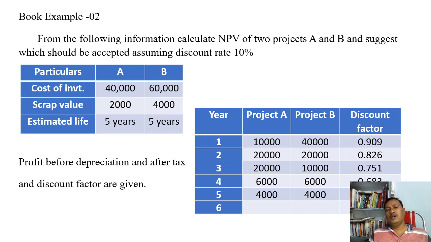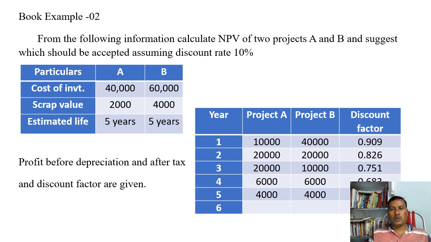For the year 1, 10,000, 40,000, and PV factor almost remains the same. First year is 0.909, second year 0.826. The project A, project B, 20,000, 20,000, 20,000, 10,000, 6,000, 6,000, 4,000, 4,000. Almost same, only 1 or 2 years there will be a change.